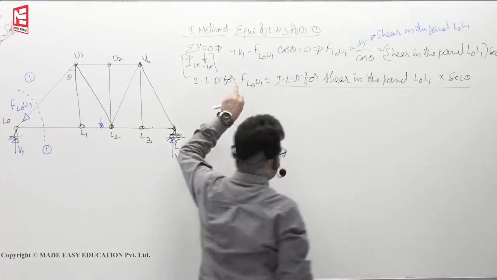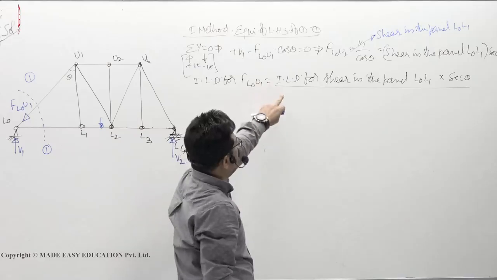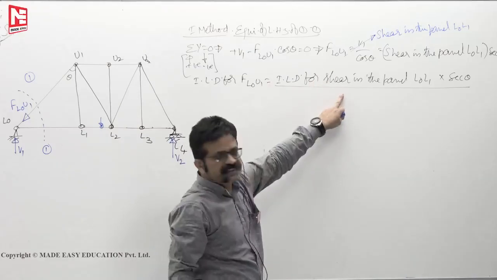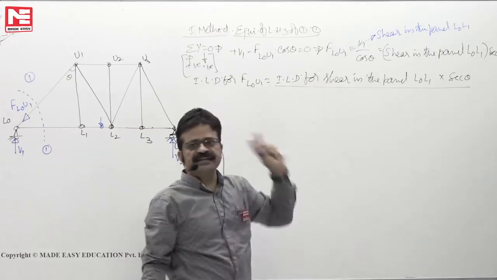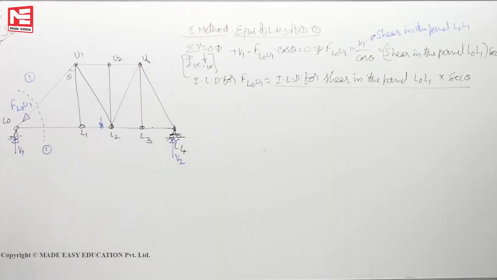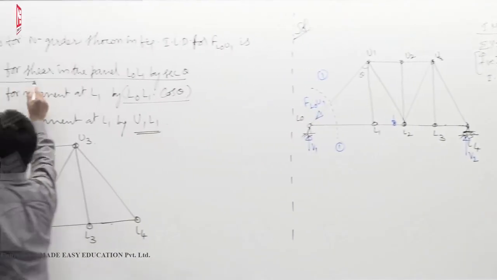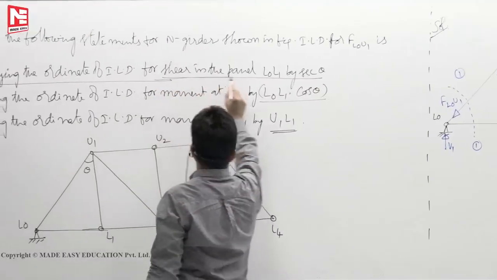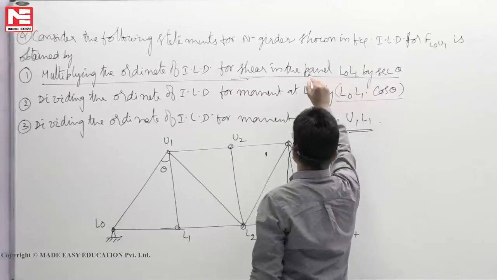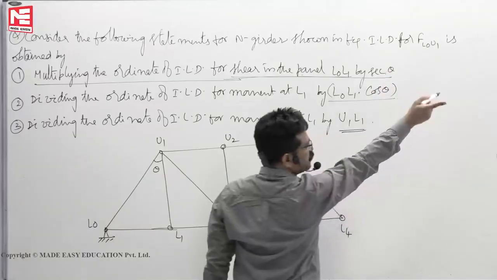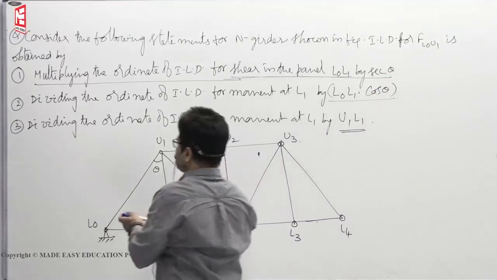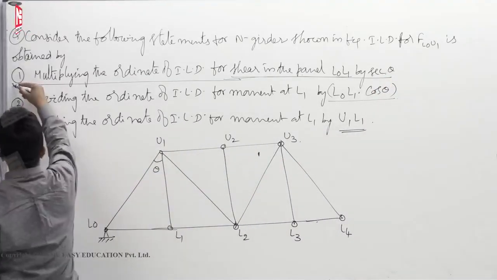If I want to find ILD ordinate, then ILD ordinate for shear in the panel L0 L1 into secant theta. See the first statement, multiplying the ordinate of ILD for shear in the panel L0 L1, that means V1 by secant theta. So you got V1 into secant theta. So first statement is correct.